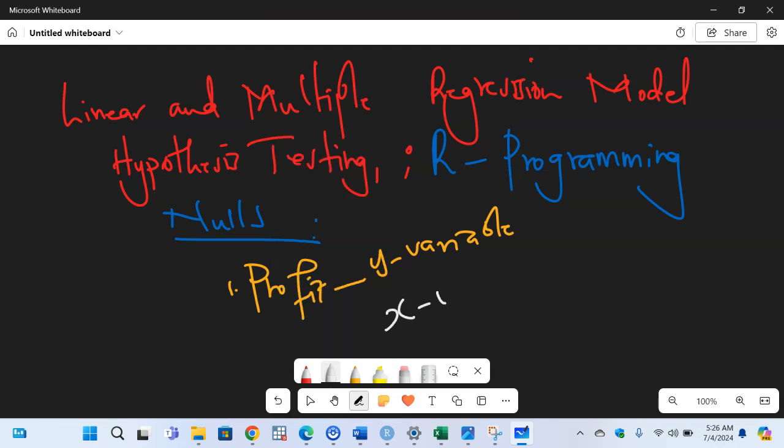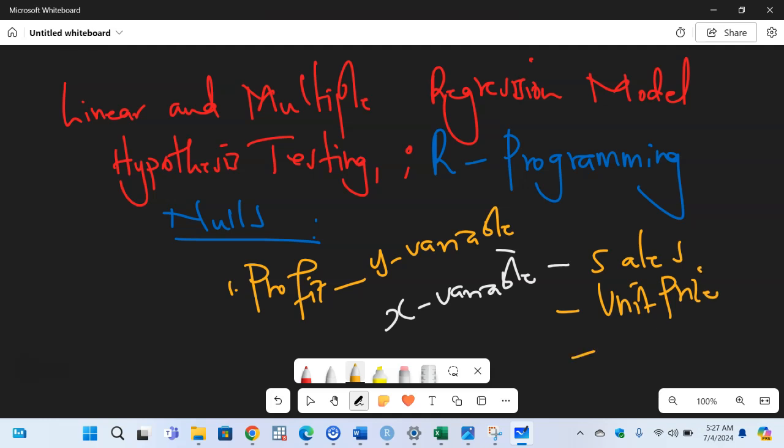Then the x variables, we have the first one being sales. Sales affect profit. Then two, we have unit price.